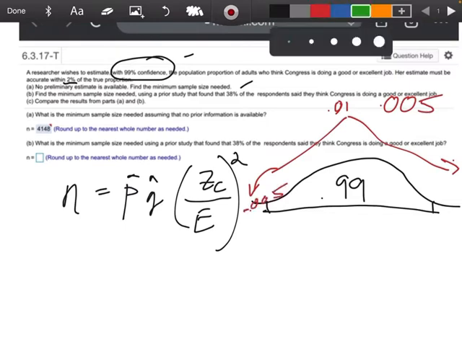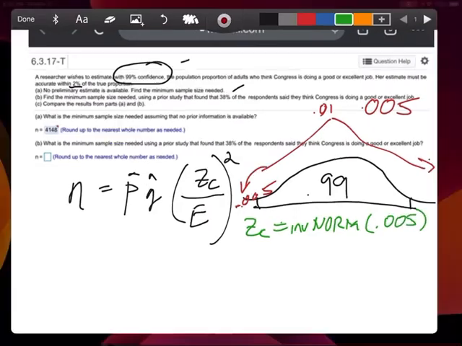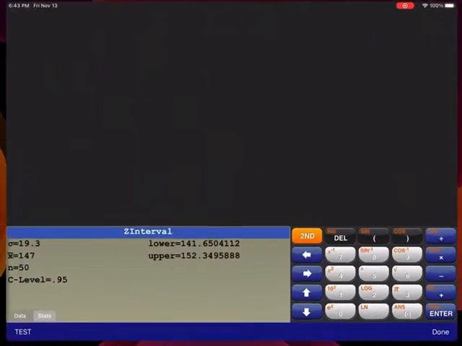Now I need to find my critical value. In order to find it, I'm going to use my inverse norm function at 0.005. So let me get my calculator here.